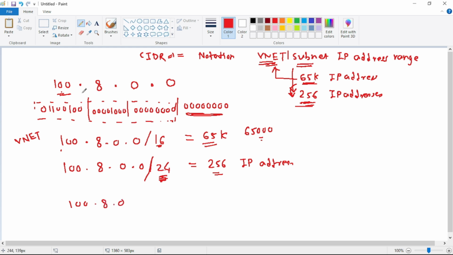That means the first three numbers of this IP address, that is 100.8.0, will be constant, but only after this the number will change. So it will be 0.0, then 0.1, 0.2, and you can imagine it can go up to 255. So 0 to 255, we have a total of 256 IP addresses.